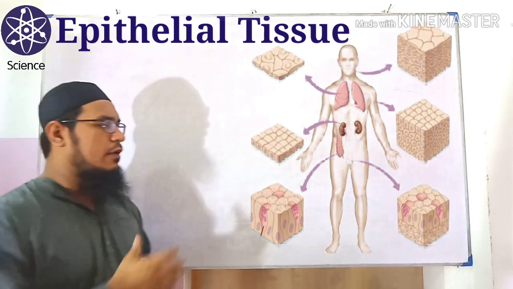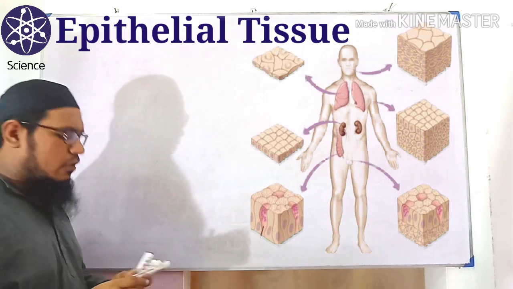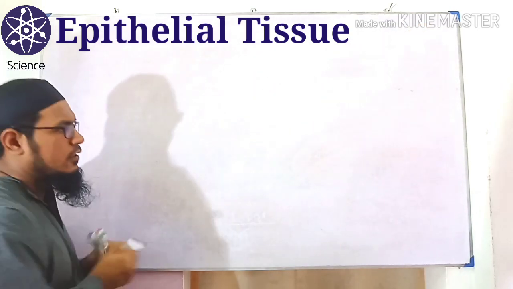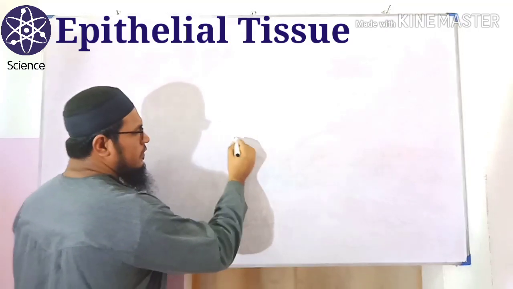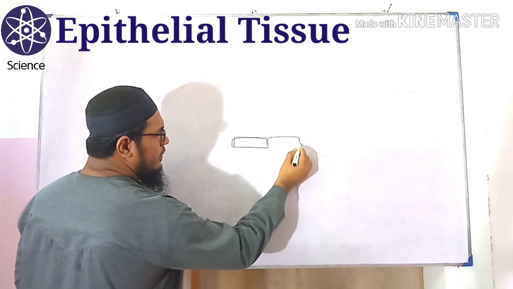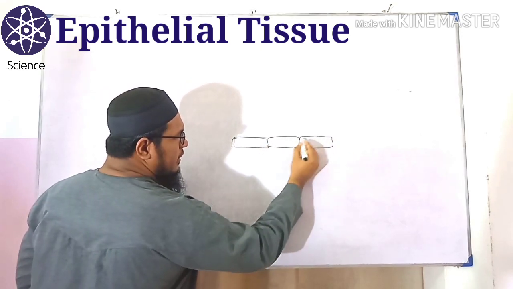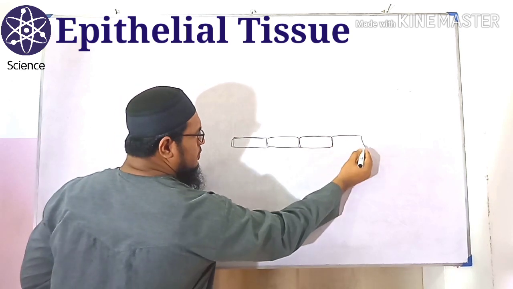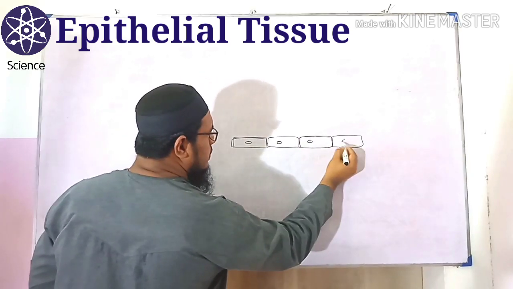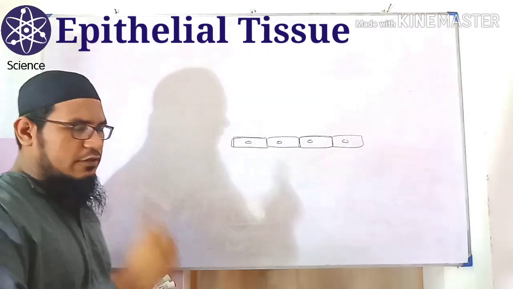When we look at the characteristics of epithelial tissue, the basic character is that the cells are very tightly packed. This is one type of an epithelial tissue. These are the epithelial cells, and this is the nucleus of the cell. Always they are tightly packed, that is the first feature.